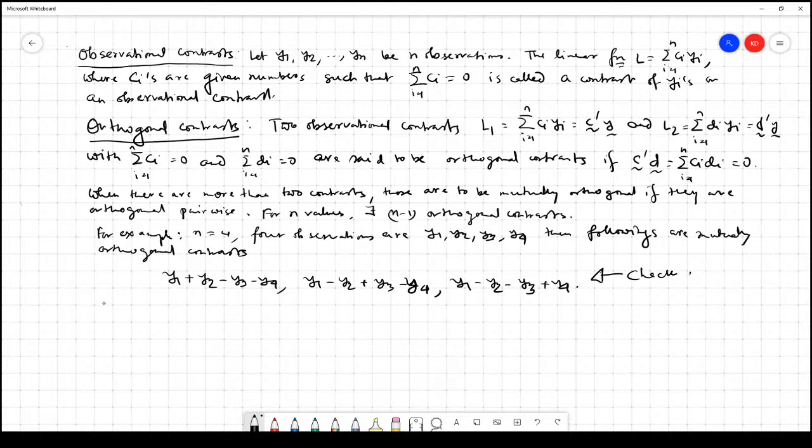Next definition, treatment contrast, or sometimes it's called parametric contrast.